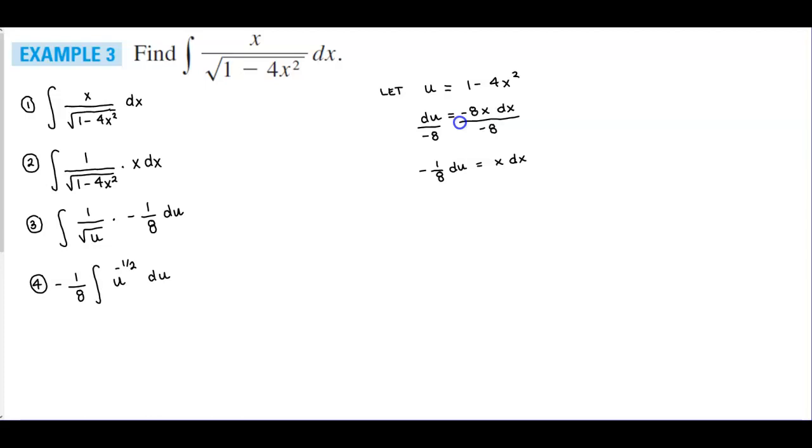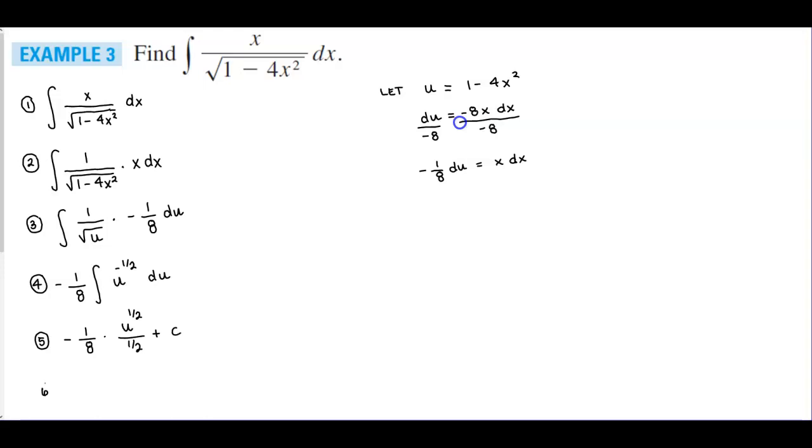And so now what we can do is take the antiderivative. So this becomes negative 1/8, okay, times this is u to the 1/2 over 1/2, and that's plus c.